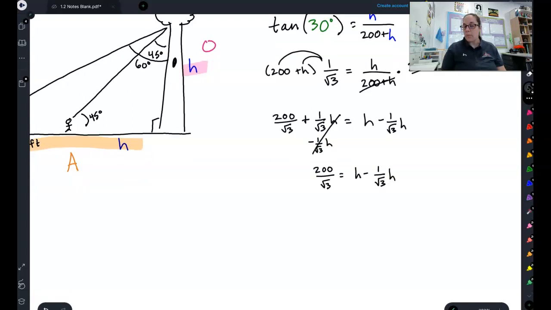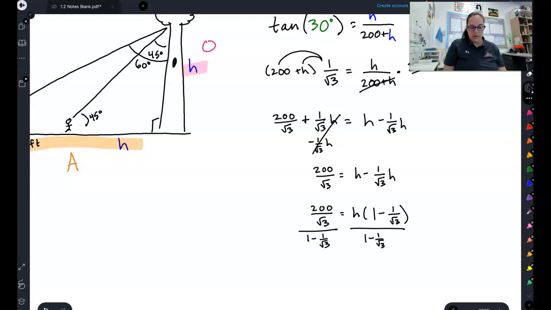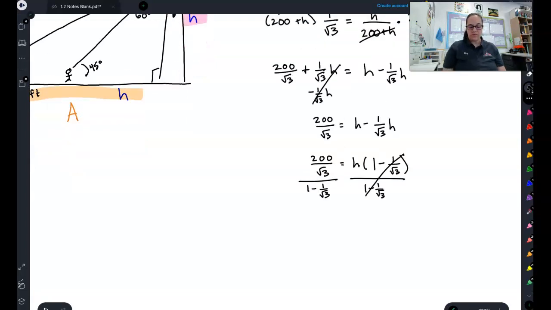Now, since all my h's are on the same side, that means they all have an h in common that I can take out. And then I can divide by this. And my h is solved.